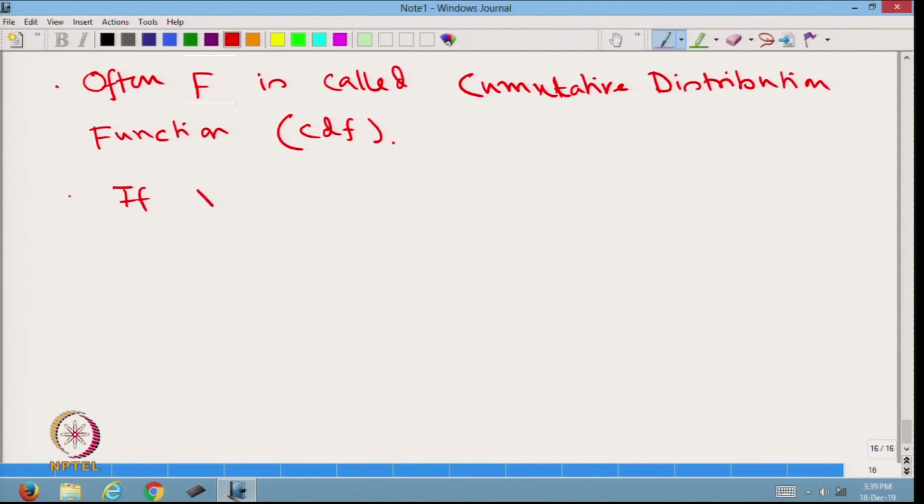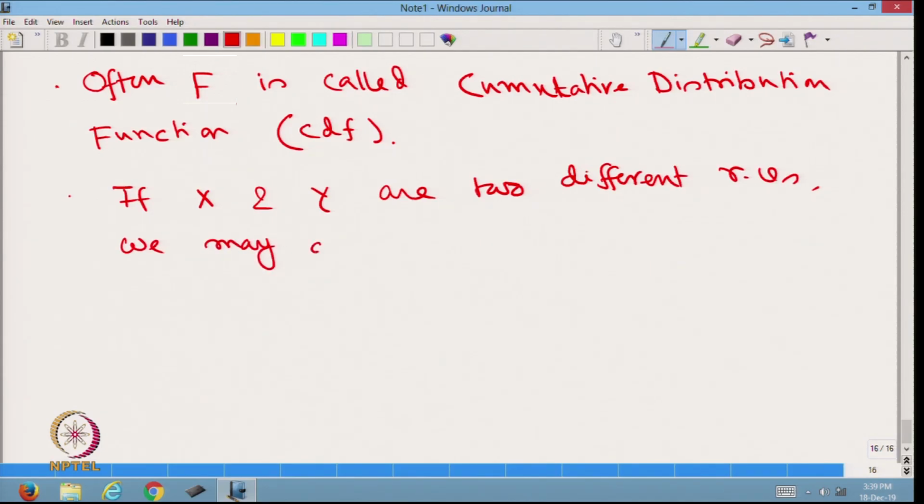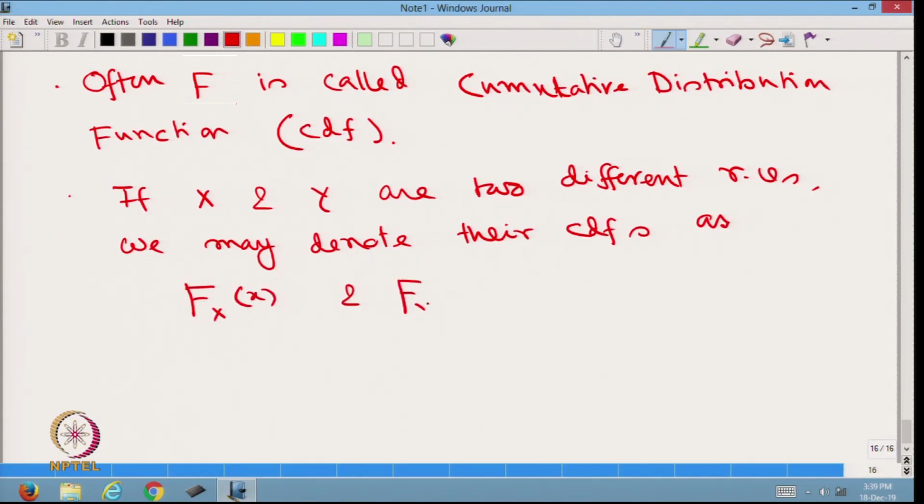If X and Y are two different random variables, we may denote their CDFs as F_X of x and F_Y of x respectively.